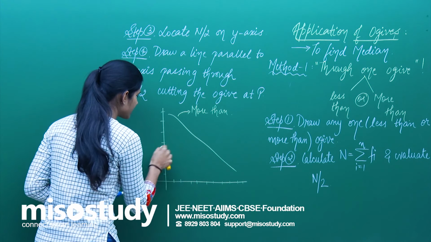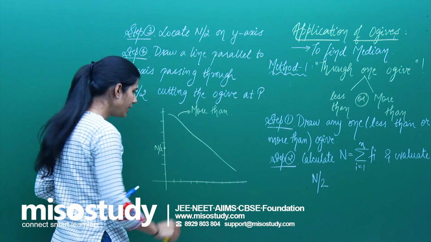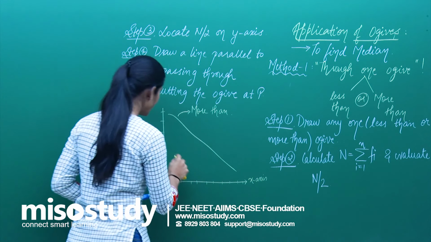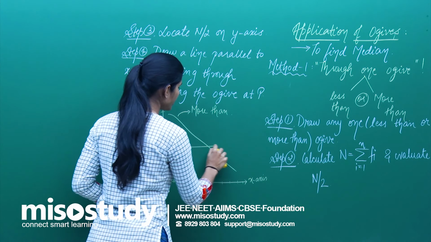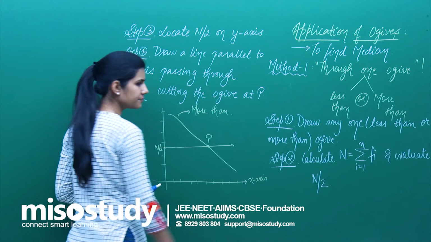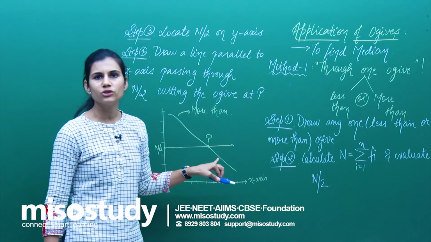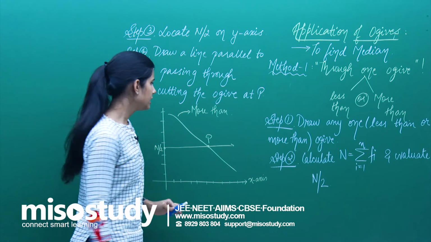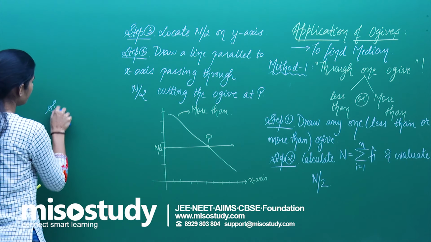Say somewhere here, for example, is N by 2. Now you draw a line parallel to x-axis. You know this is x-axis. You draw a line parallel to x-axis passing through N by 2. When you draw it, that line will be cutting the ogive at some point P. The point at which this line passing through N by 2 parallel to x-axis cuts the ogive, name that point P. What you do next is step number 5.